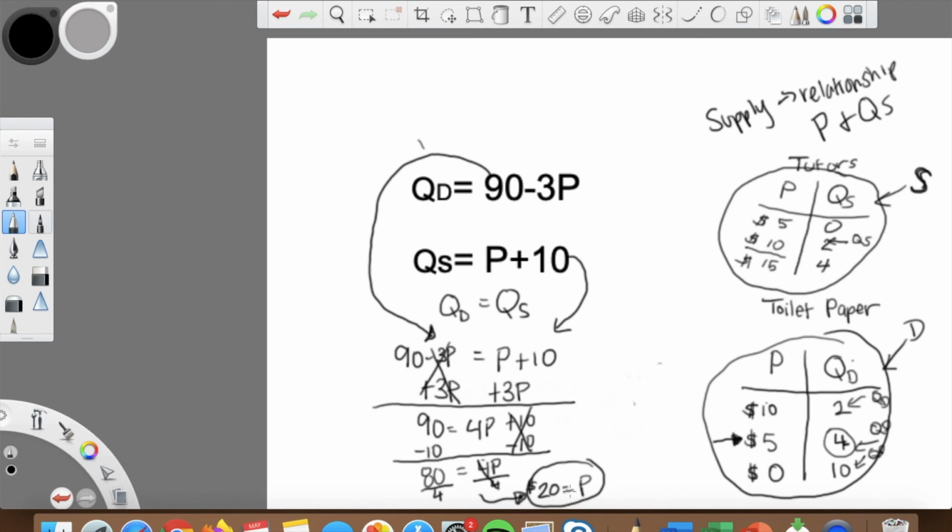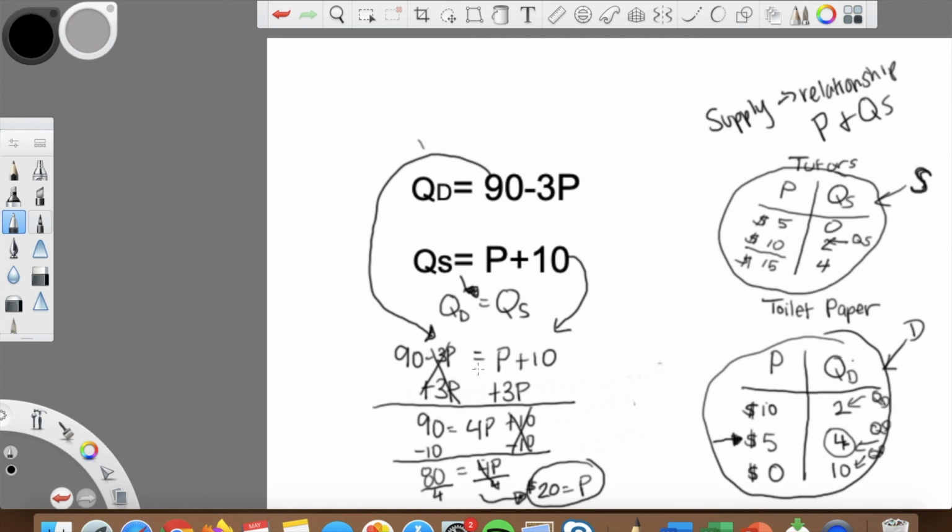But I still have to find my equilibrium quantity. Once you find your equilibrium price, the way to find the equilibrium quantity is to just plug it back into one of these two equations. It actually doesn't matter which one, whether you solve for quantity demanded or quantity supplied, because we know at equilibrium they're going to be equal to each other.